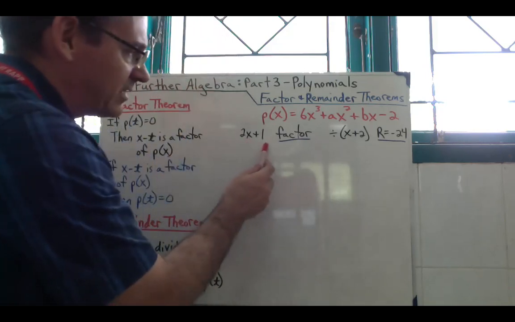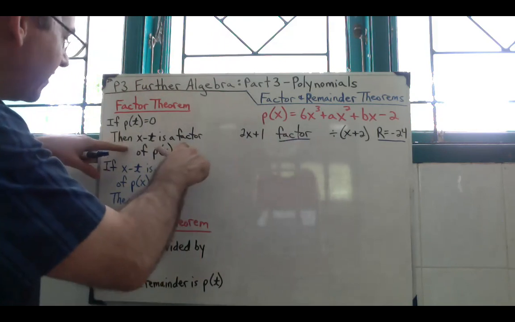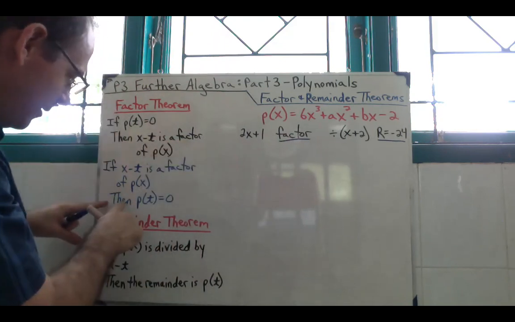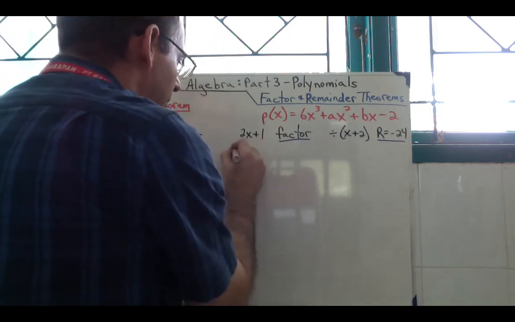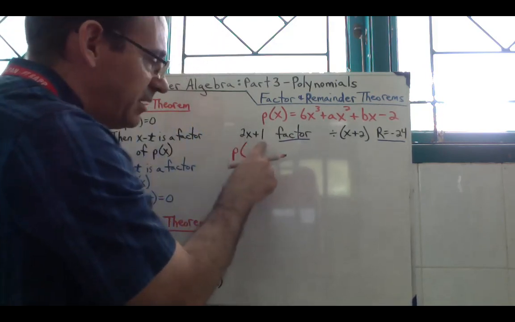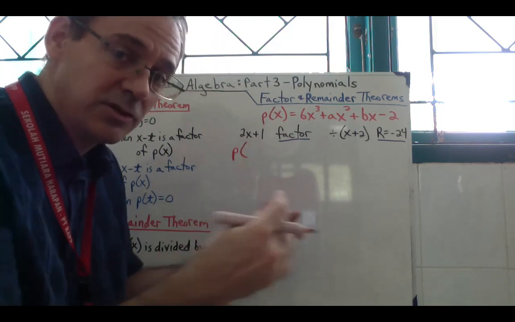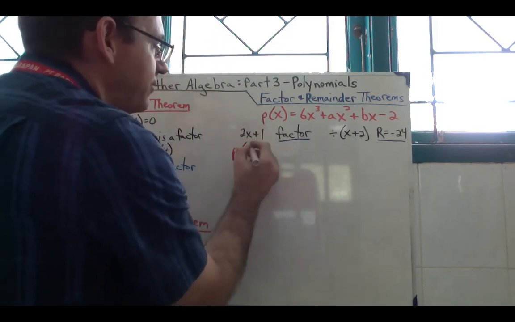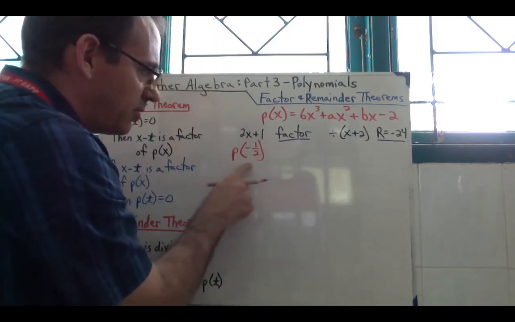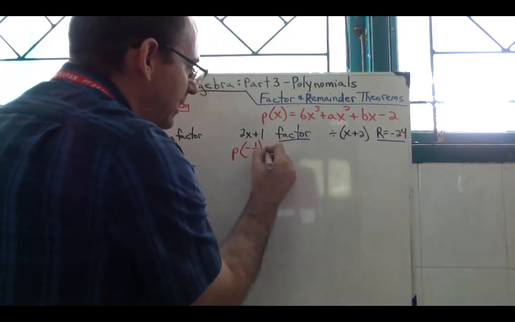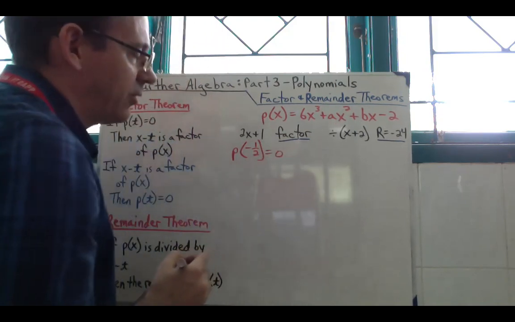So because 2x plus 1 is the factor, then our p of t will equal 0, meaning our polynomial evaluated at t, where t is the solution to the factor. If you solve this, you would get negative 1/2, and our polynomial evaluated for negative 1/2 will equal 0.